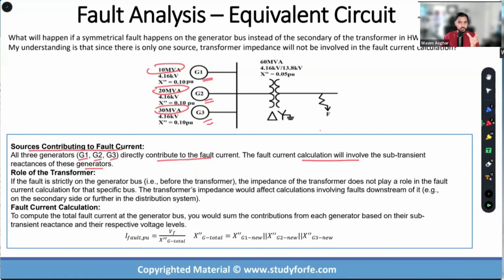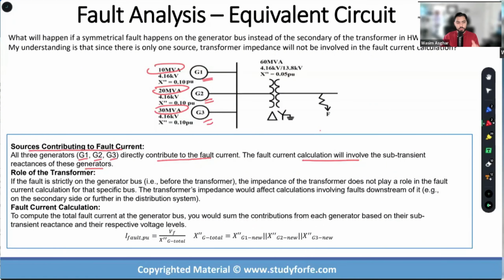Correct? So per unit system base change formula may be considered as a standalone question in section number 2, but it would just be a line item when you're solving fault analysis problems.